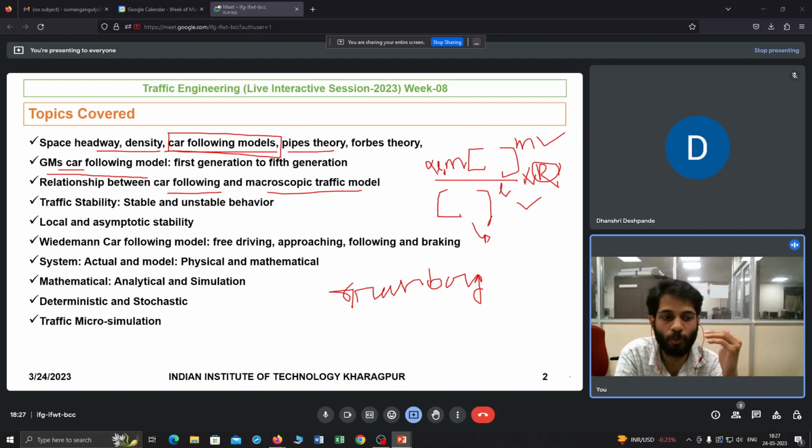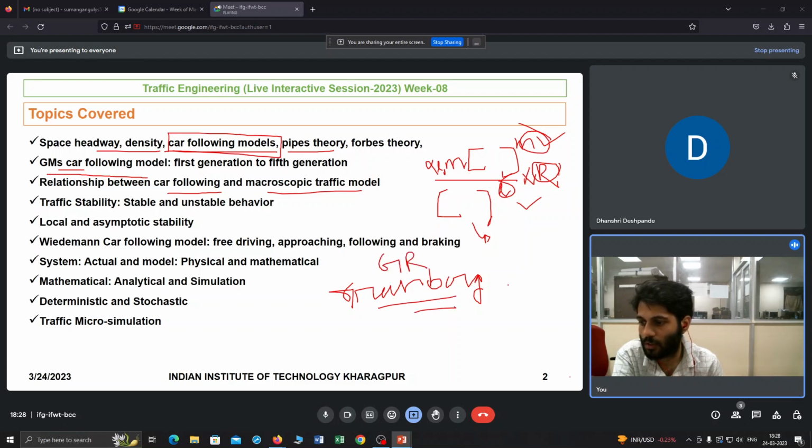So from the microscopic model we are able to derive our macroscopic models. Based on different m and L values, you can get Greenberg, Greenshields, the logarithmic and exponential models, and other two-regime models.